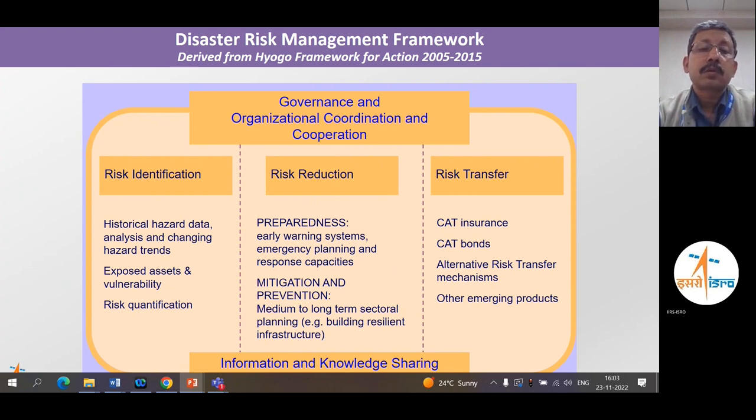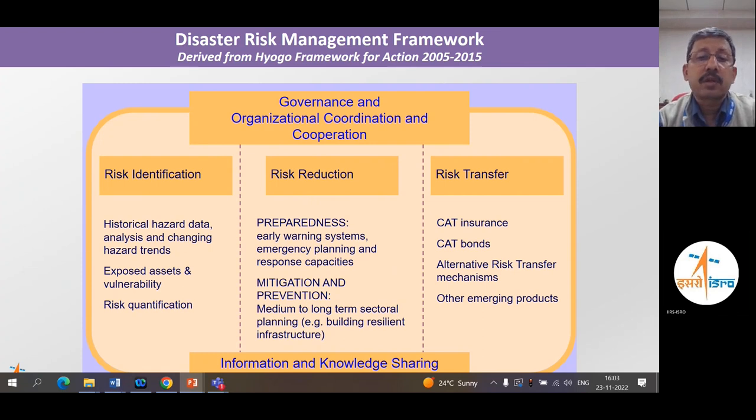So when we talk about the risk identification, it's the historical hazard data analysis, the changing hazard trends, and exposed assets or vulnerability, which basically constitute the risk identification.